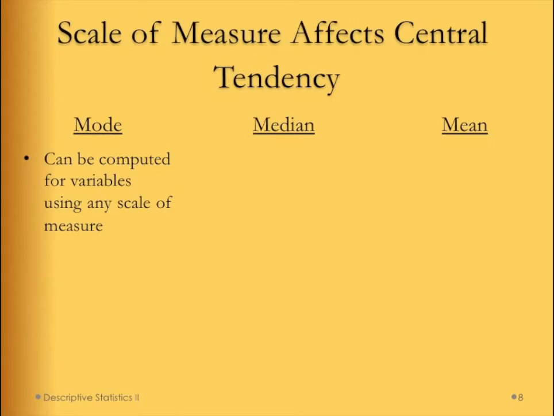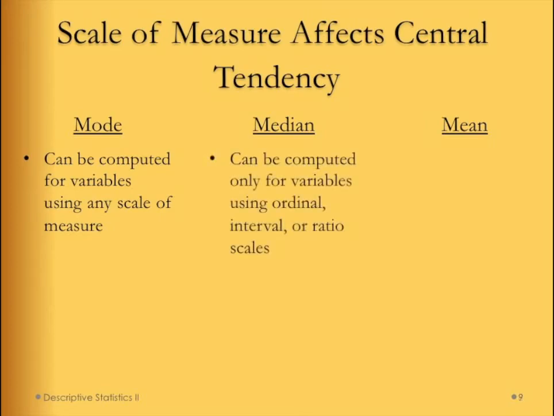The scale of measure used by researchers affects the central tendency they can compute. A mode can be computed in any scale of measure, but a median and mean cannot be computed for a nominal scale. A median can be computed for an ordinal scale and for interval or ratio scales, but a mean cannot be computed for an ordinal scale.